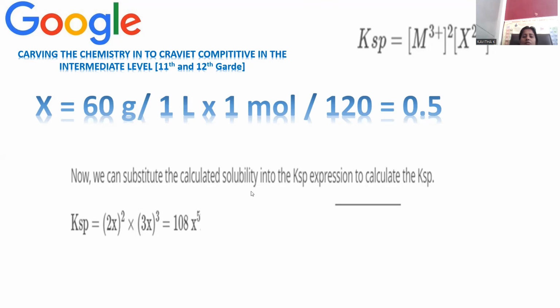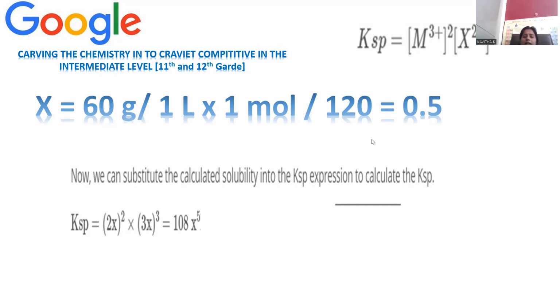So in case of this solution, KSP is required to be calculated and the KSP formula is given over here. To calculate the KSP, we use 2x whole to the power 2 into 3x whole to the power 3. This 2x belongs to M plus 3, and the entire terms will be converted into this x terminology. M plus 3 becomes 2x whole to the power 2, and the negative charge ion is indicated as 3x whole to the power 3.